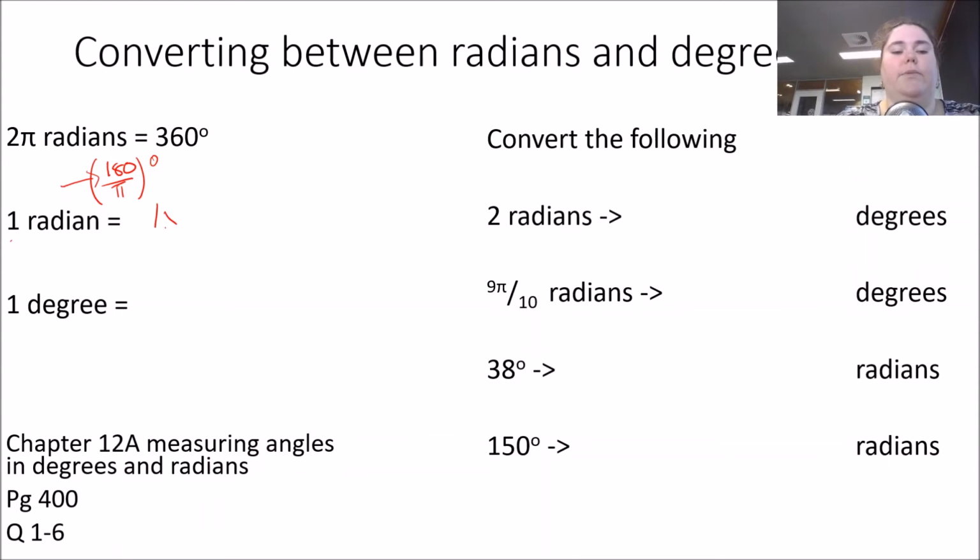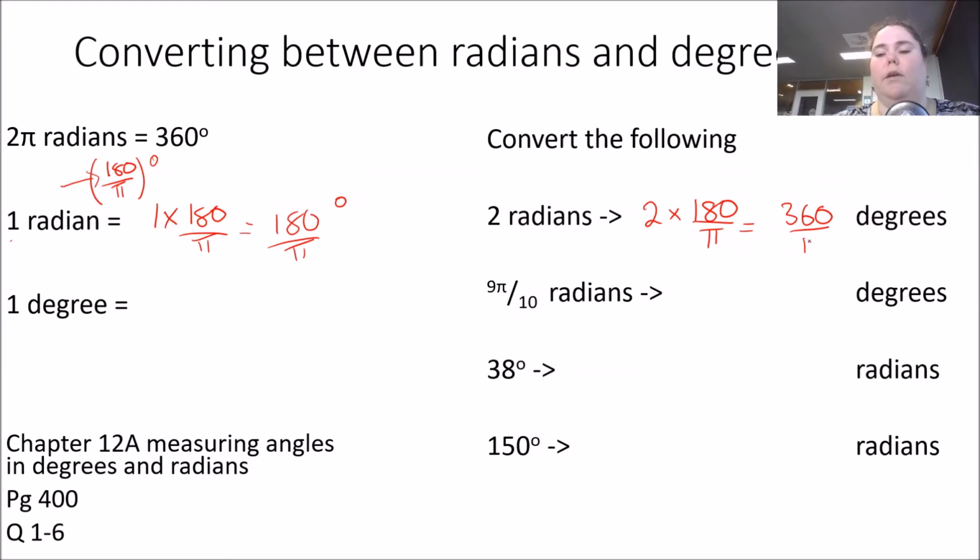So I just times the number of radians I have by 180 on pi, and that's my answer. Really easy for our first one. Over here, 2 radians. I would take 2 radians and times it by 180 on pi, which gets me 360 on pi degrees.